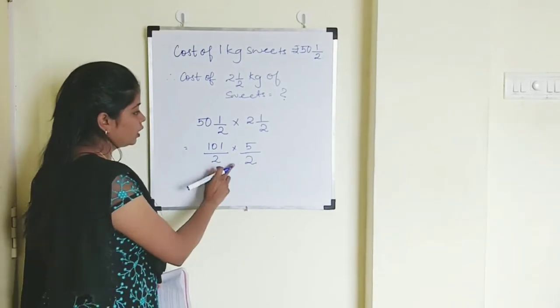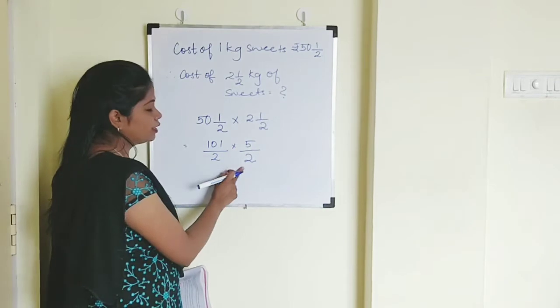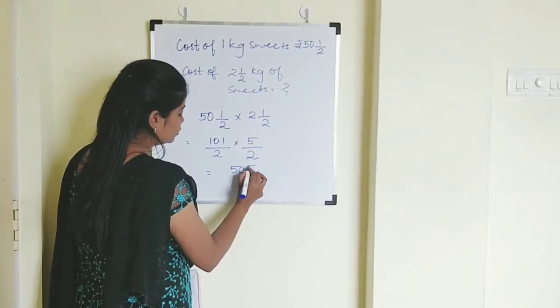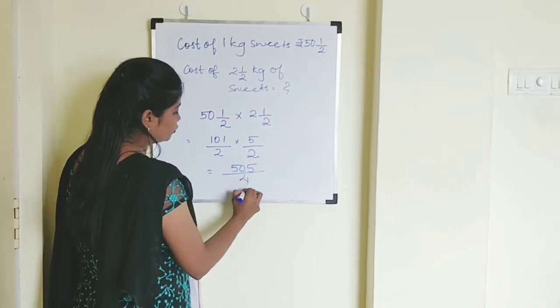Correct? So now what I have to do, is there any possibility of crossing out? No. So I am going to just multiply, 505 upon 4.